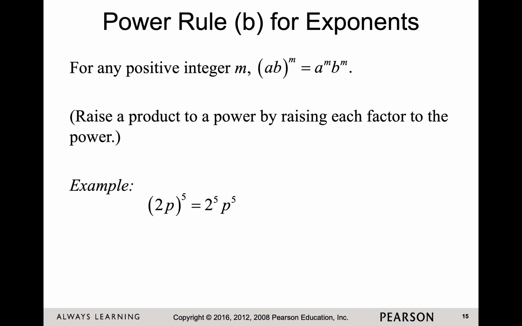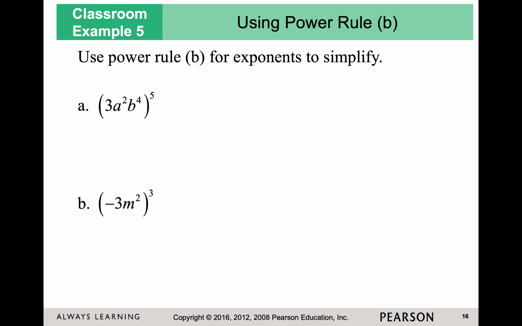So what I'm basically doing is I am distributing that exponent to every term inside the parentheses. So if you look down here, I brought the 5 to the 2 and the 5 to the p. I can figure out what 2 to the 5th is, so in my calculator, I could further simplify this by typing in 2 to the 5th to get the exact value.